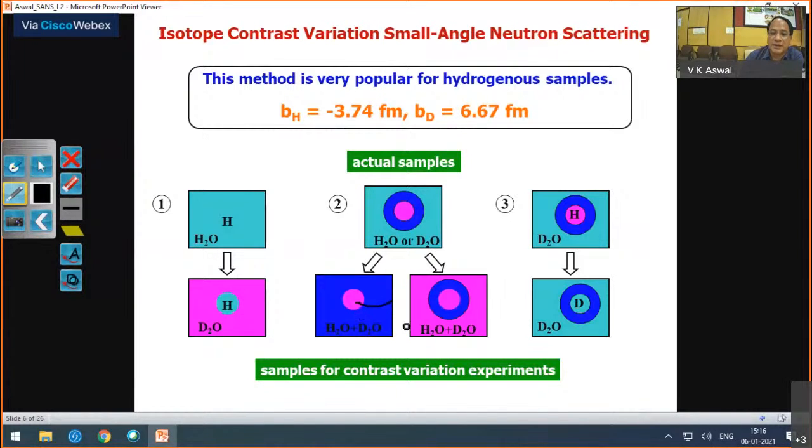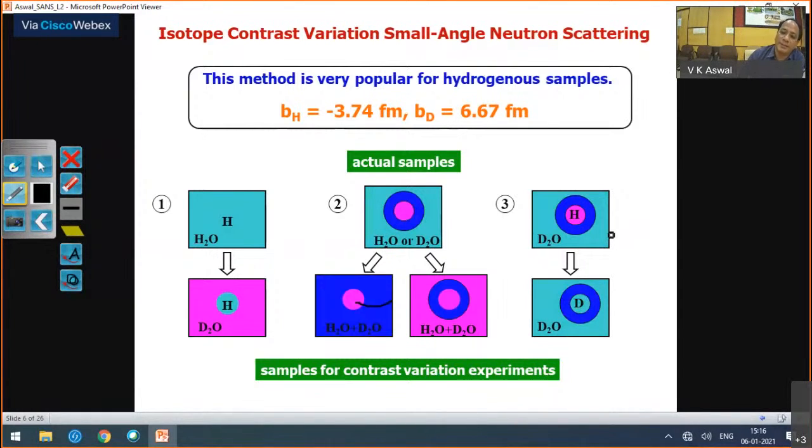In this case, you are changing the solvent, so it's called external contrast variation. But you can also do internal contrast variation. So you can also deuterate your core, and you will only see the shell part. So this is called internal contrast variation.